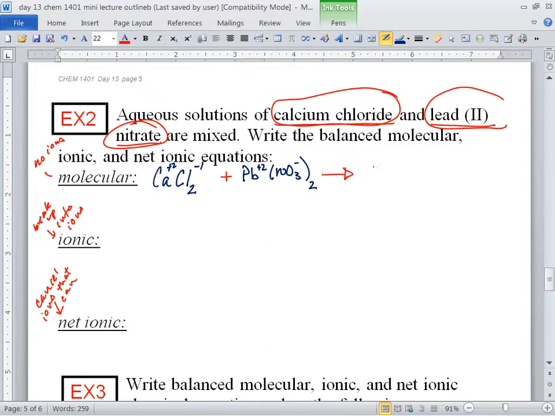So we'll combine the calcium with the nitrate. And I just like to write the ions because then I can move the subscripts around as the last step. So I'm combining the calcium with the nitrate. So the 2 has to go down there.